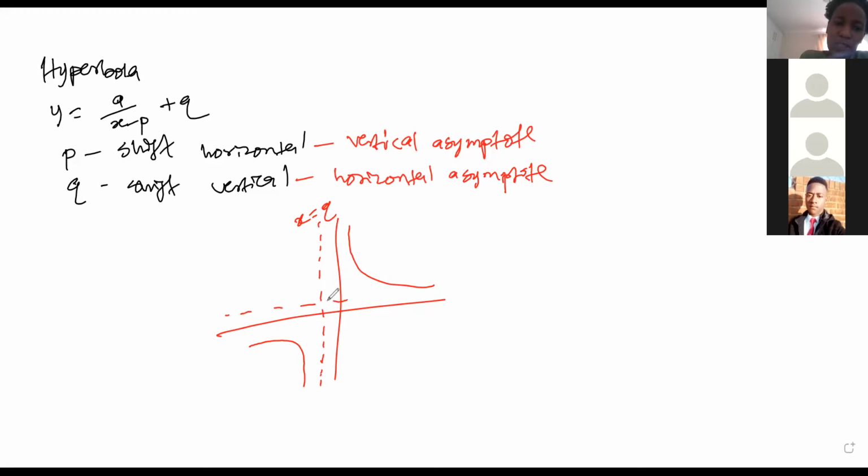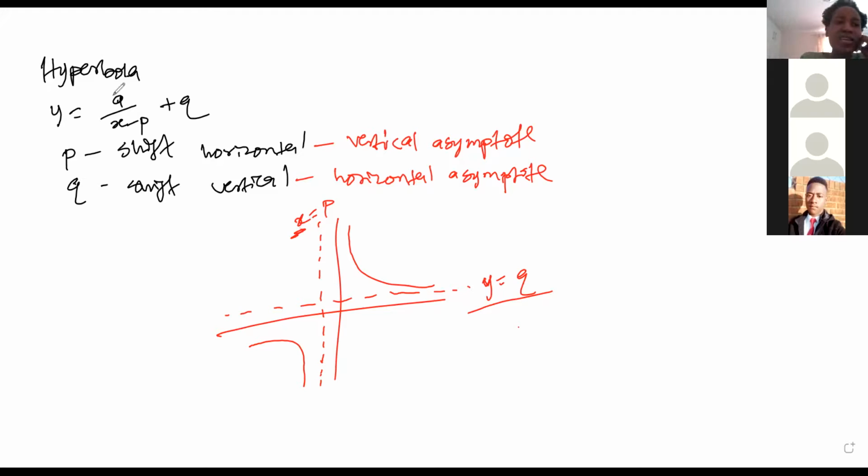And this one is your vertical asymptote, x equals p, not q. So this is your vertical asymptote and this is your horizontal asymptote. Also, p shifts your graph horizontally, and q shifts your graph vertically, or up and down.